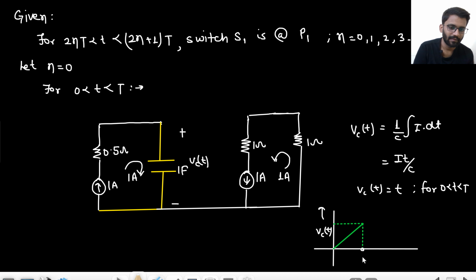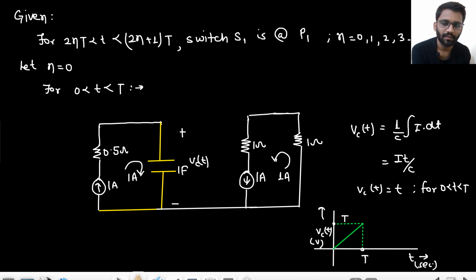This axis is voltage in volts, and this is time in seconds. So this is happening in the first cycle.